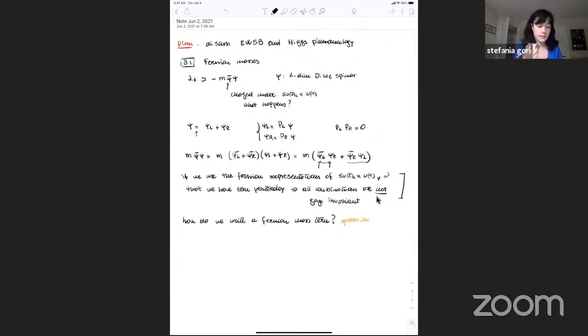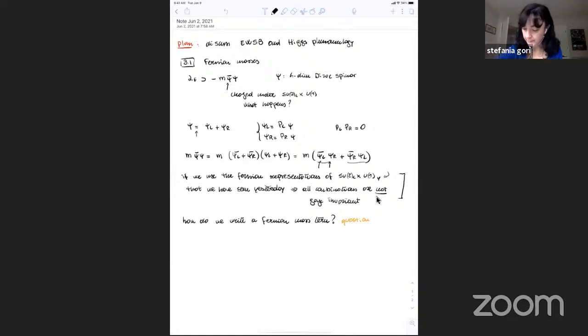Also, to introduce a little bit of jargon, what we say is that the fermions of the standard model are chiral, because as we have seen yesterday, the left and right components couple in a different manner with the gauge bosons of the standard model, and because of this reason, we cannot write down an explicit mass term. Okay, so let's see what happens.